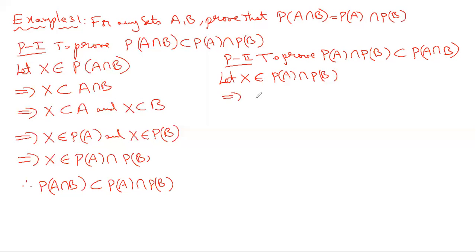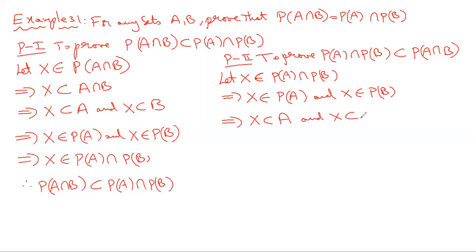That implies X belongs to the intersection of two sets, meaning X belongs to both the sets: X belongs to P of A and X belongs to P of B. And according to the definition of power set, X belongs to the power set of a set only if it is a subset of that set.